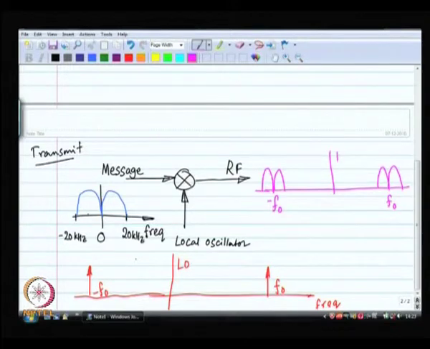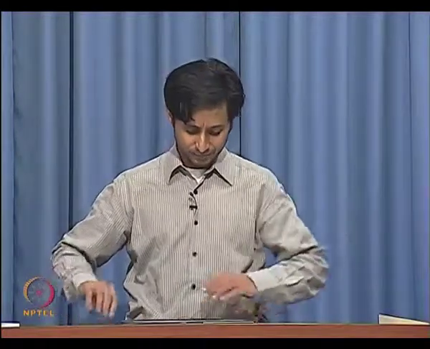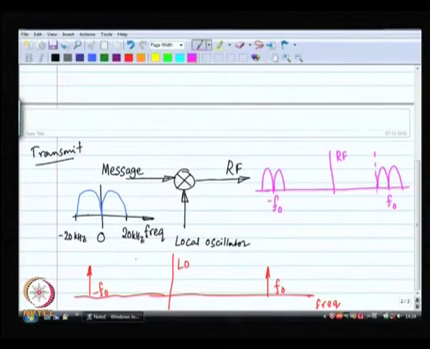Now, the suggestion that came is that this is wasteful. Why is this wasteful? It is because this is f naught minus 20 kilohertz and the other one is f naught plus 20 kilohertz, which means that the net bandwidth that I am using is 40 kilohertz, right.